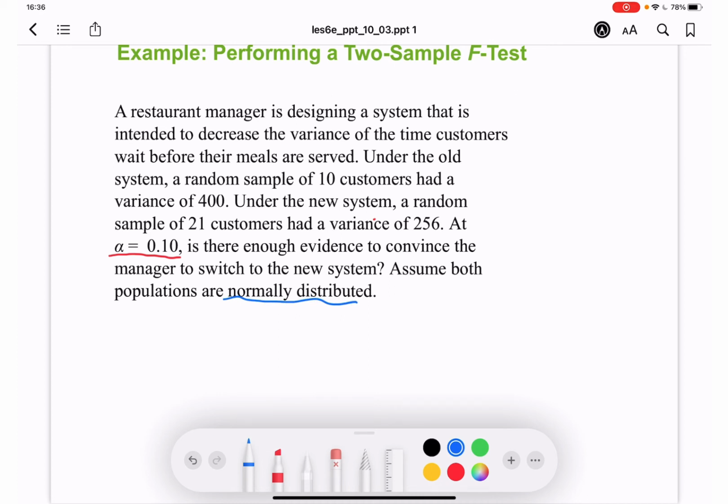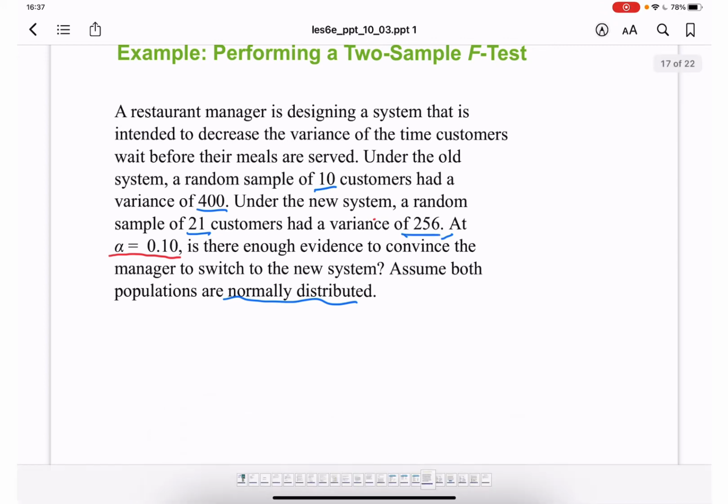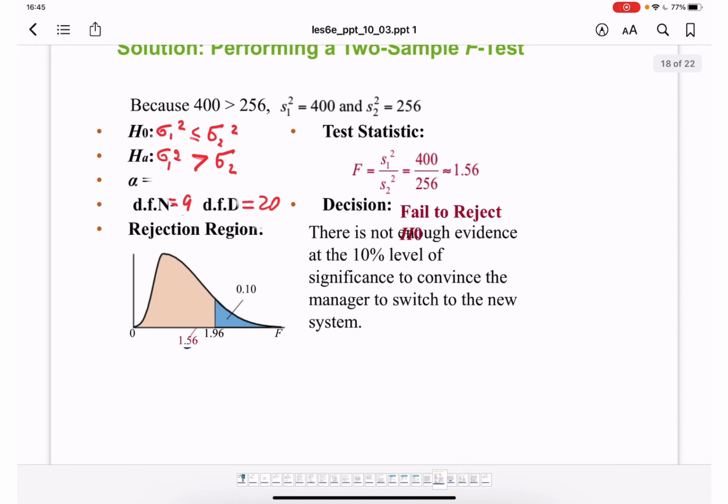Let's remember: n1 is 10, variance is 400, n2 is 21, variance is 256. So we need to perform a two-sample F test. Sigma 1 squared is our claim, right?